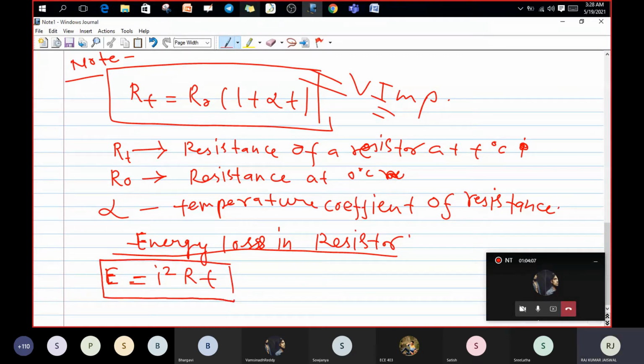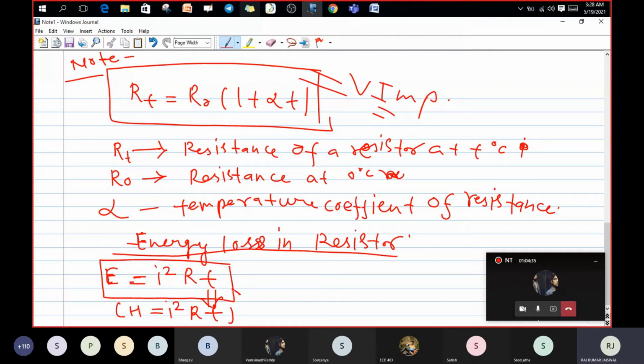Sometimes you will see in the book H equals I square RT. This is the loss in the resistor. If the resistor gets too much heat, then power will dissipate in the form of I square RT. This is one more formula.